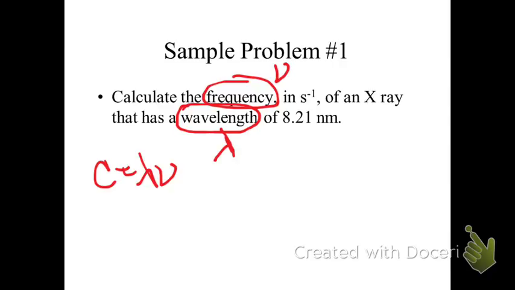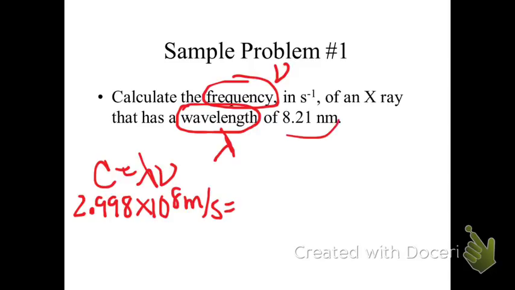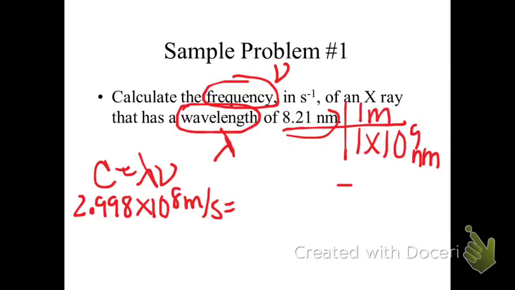Now remember, c is a constant. It is always 2.998 times 10 to the 8th meters per second. You were provided wavelength. Wavelength is in nanometers. But remember what I said, because the speed is in meters, you have to put this into meters. So 1 meter is 1 times 10 to the 9th nanometers.